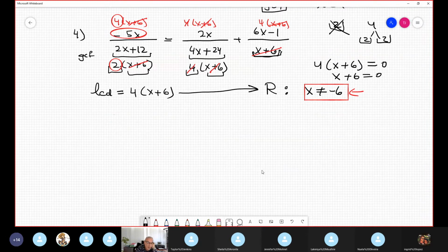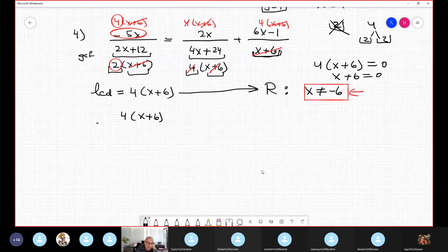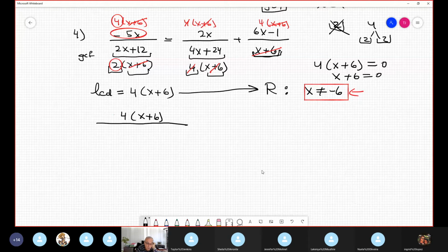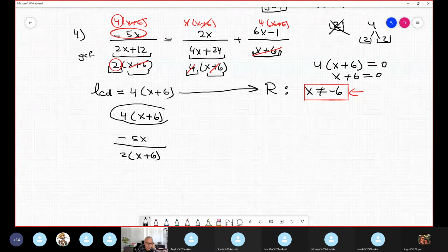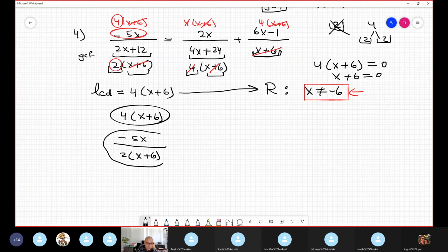Okay, let me copy again. 4 parenthesis x plus 6, that is the LCD, divided by, no, times this expression, 5x over 2 parenthesis x plus 6, no? Actually, I am doing the multiplication, this times this.